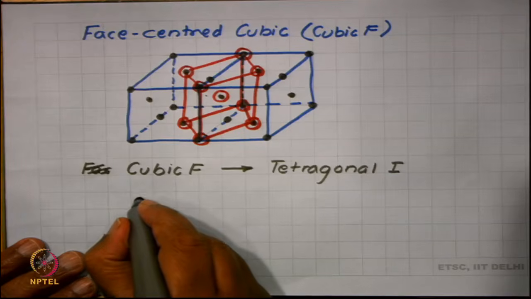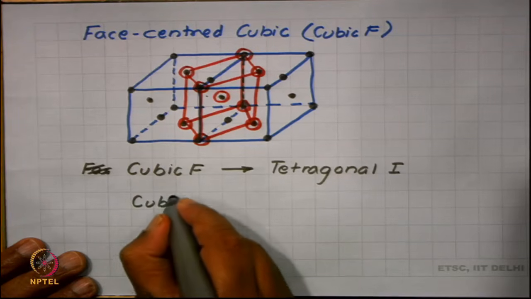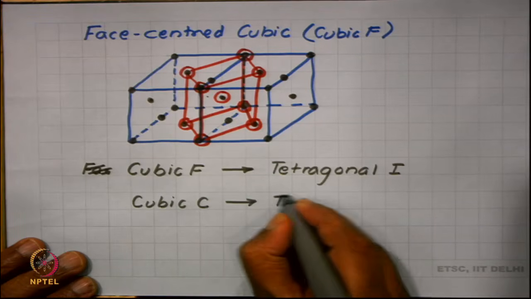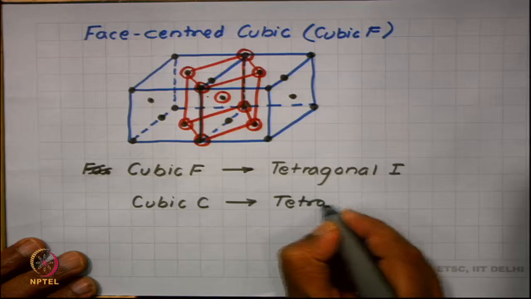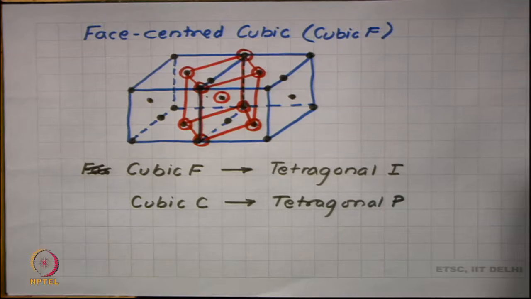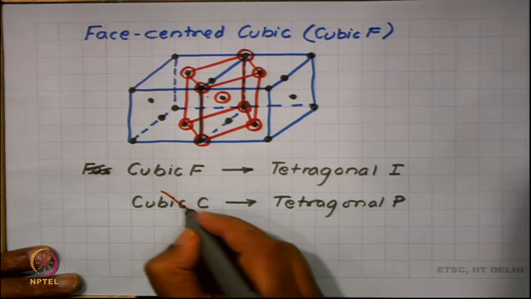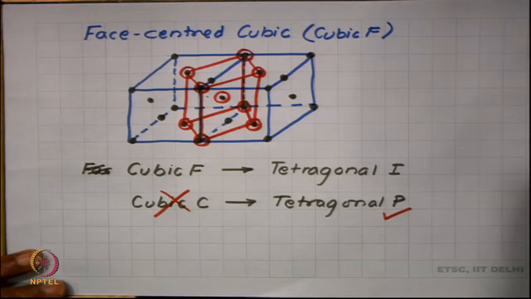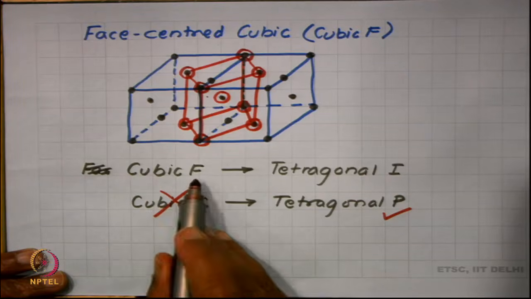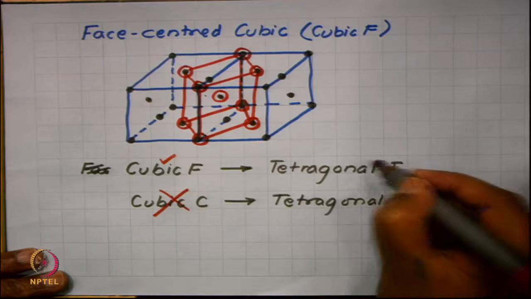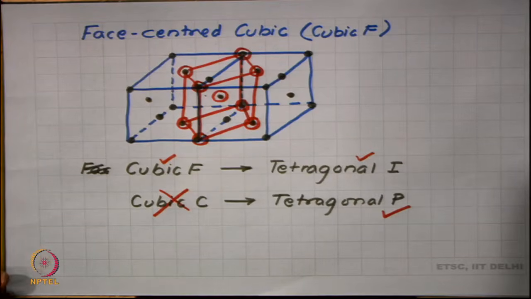When we had cubic I as tetragonal P, we deleted cubic I and we kept tetragonal P. But now we are able to show that cubic F is tetragonal I, but we are still keeping cubic F as well as tetragonal I. Why is this so?